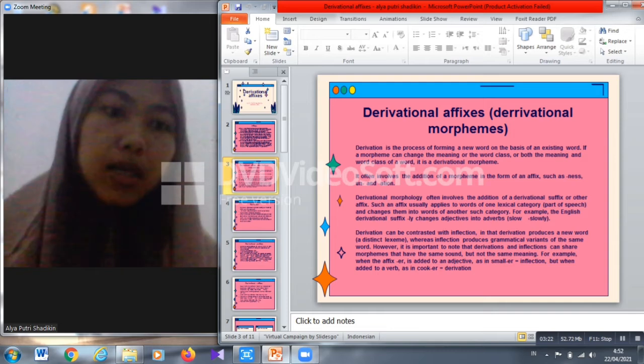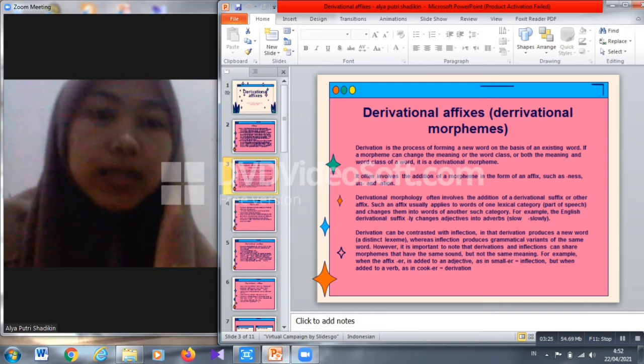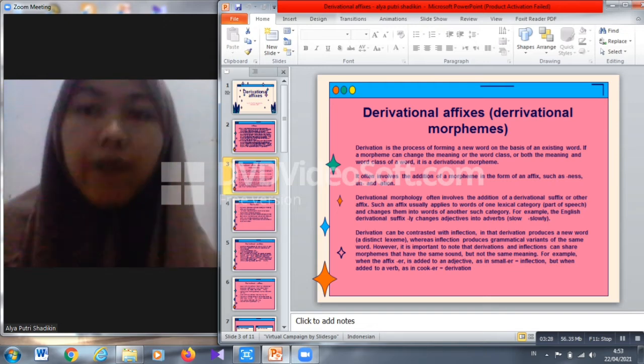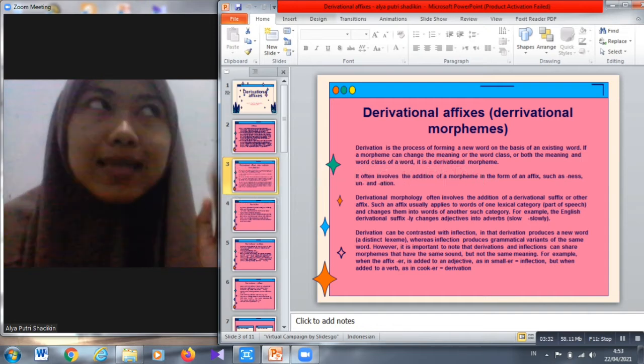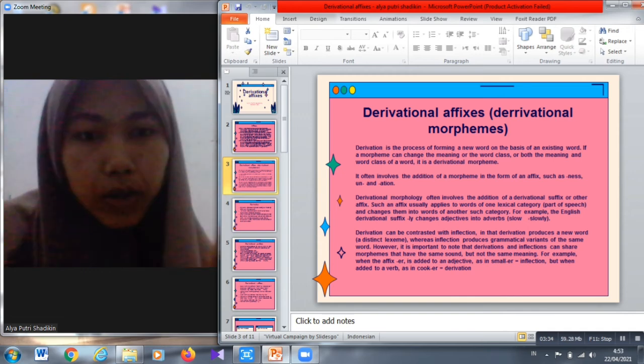For example, when the affix er is added to an adjective, as in smaller, it is inflection, but when added to a verb, as in cook, cooker is derivation.